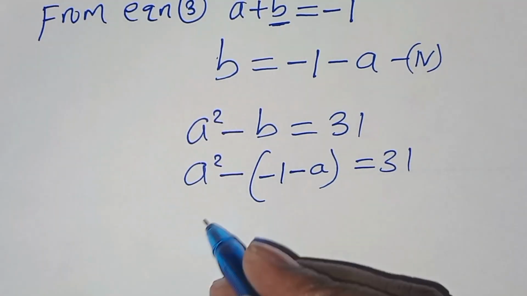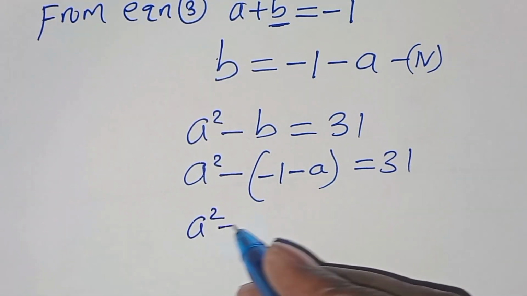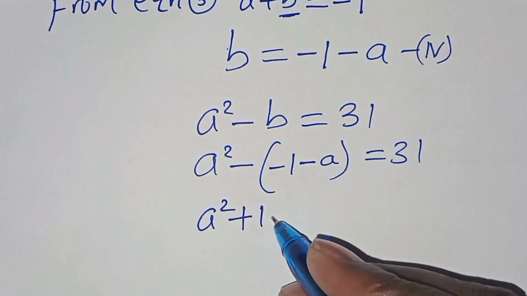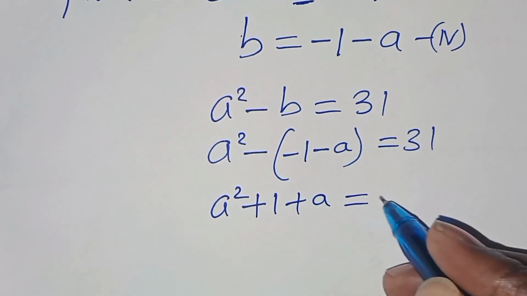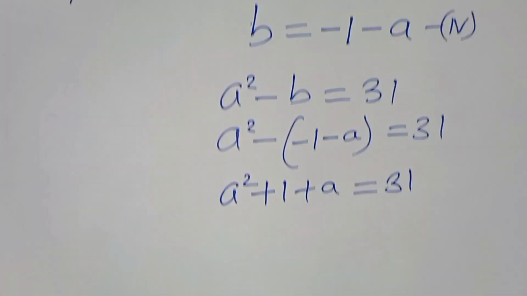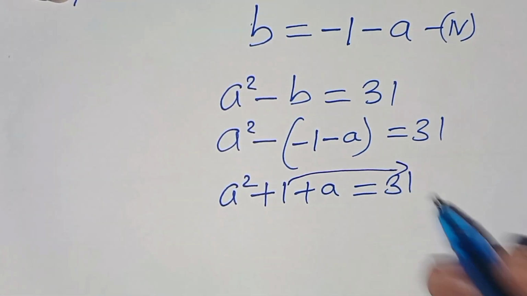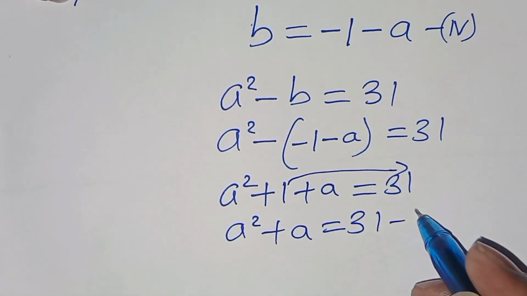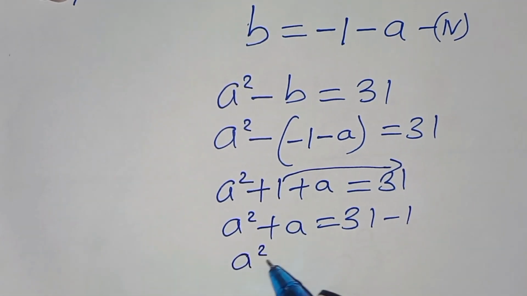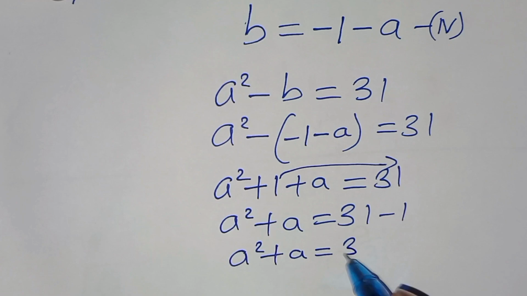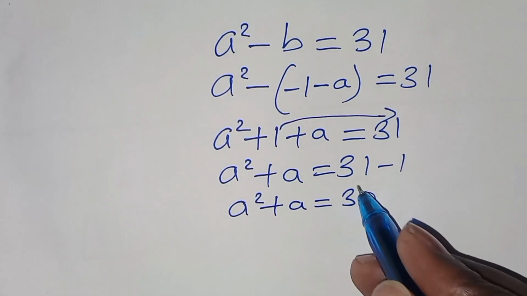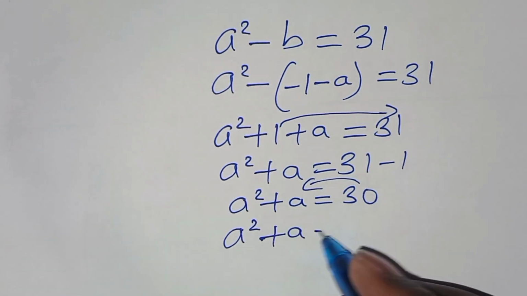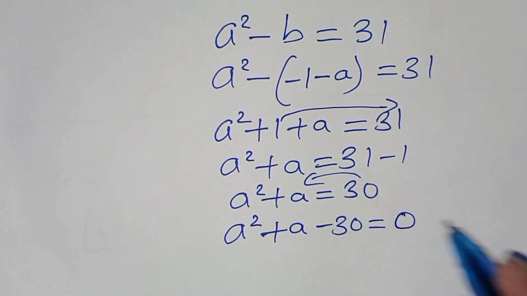So here we have a squared plus, minus times minus, this is plus 1, minus times minus a, this is plus a, equal to 31. So let's take 1 on the right hand side. We'll have a squared plus a, equal to 31 subtract 1. So a squared plus a is equal to 30. Let's take 30 on the left hand side. We'll have a squared plus a, subtract 30, equal to 0.